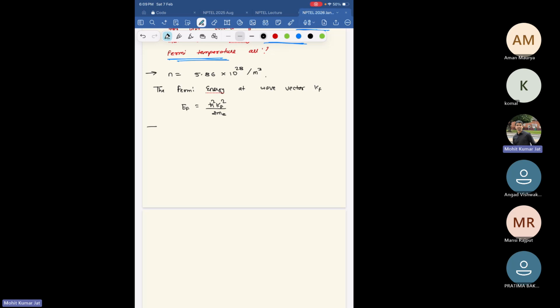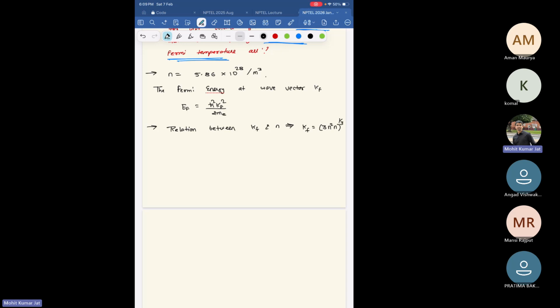And if you follow the classroom notes, basically the lectures, we know, and this I will derive also in the subsequent part, the relation between wave vector kf and n follows: kf is equal to 3 pi square times n to the power 1 by 3.